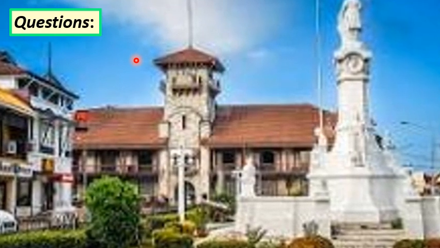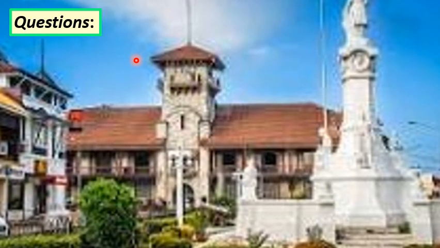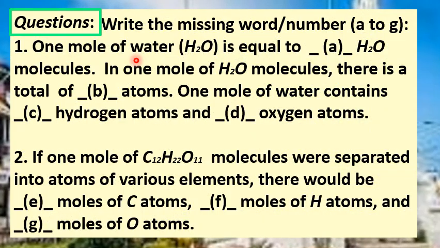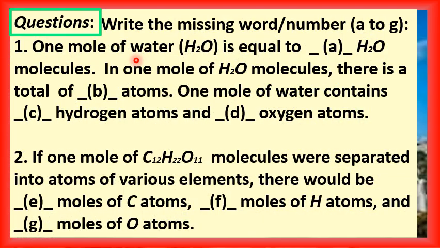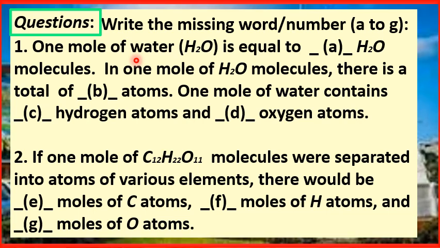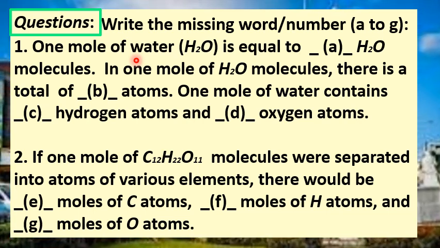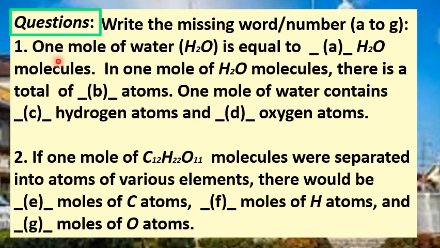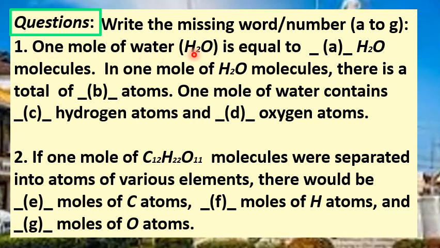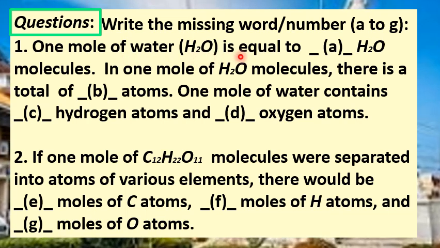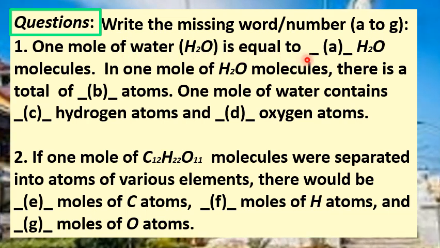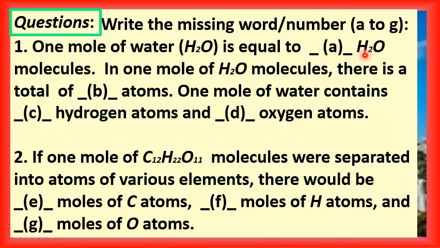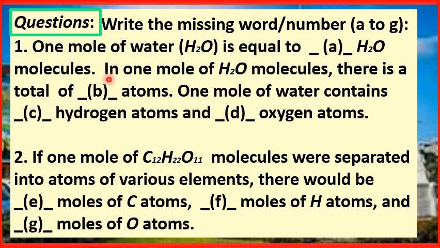Questions 1 and 2 are check your understanding questions. Just write the missing word or number in each blank, letter A to letter G. Question number 1. 1 mole of water, H2O, is equal to A, blank H2O molecules.